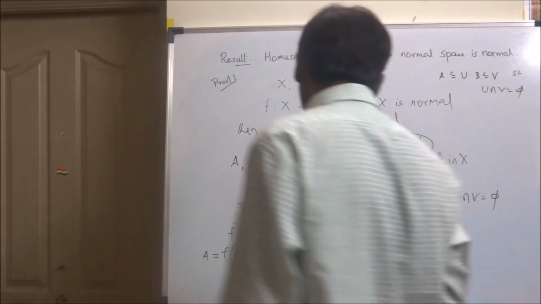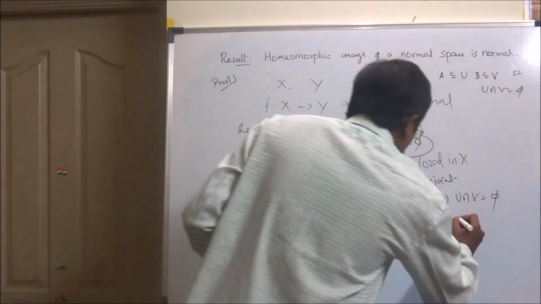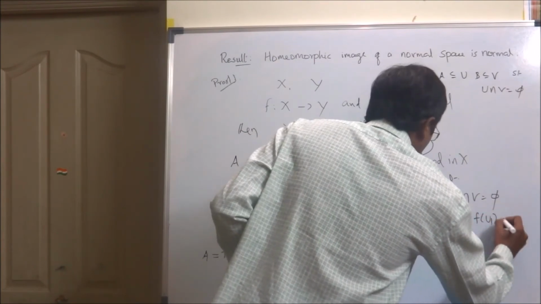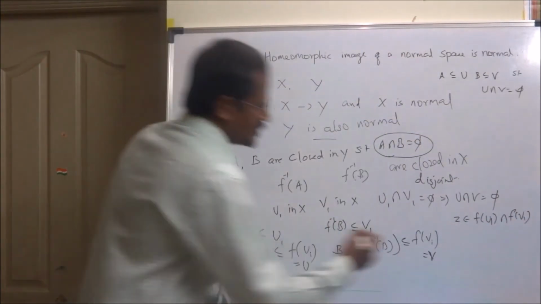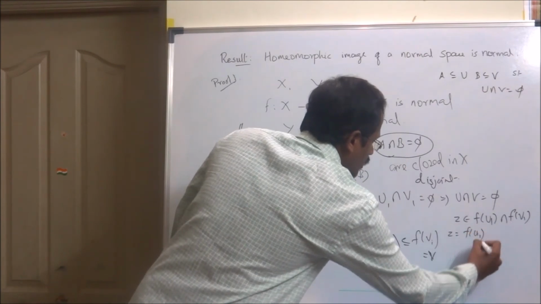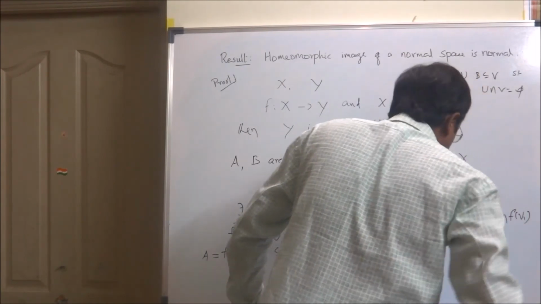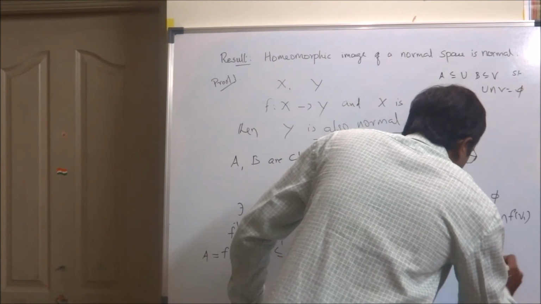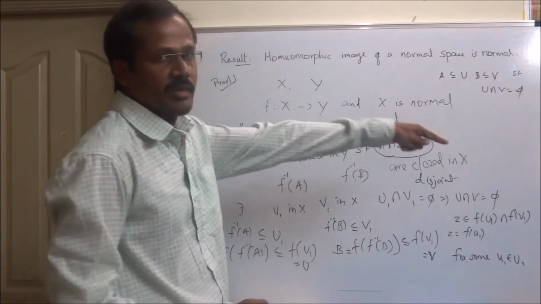Why? Suppose you have a point common to U and V. Suppose Z belongs to F of U1 as well as F of V1. Then what happens? This Z can be written as F of small u1 for some small u1 in U1, and similarly Z is also a member of F of V1.